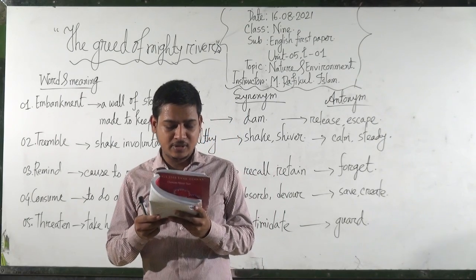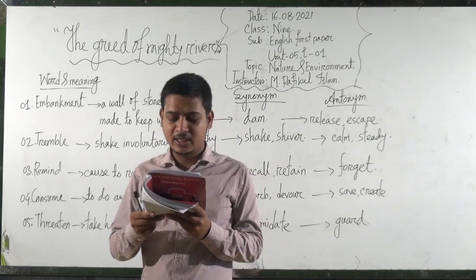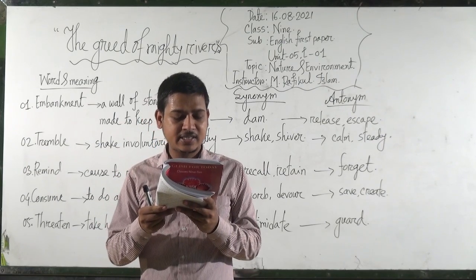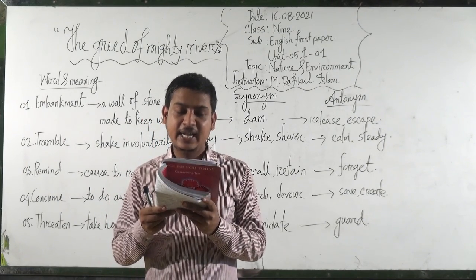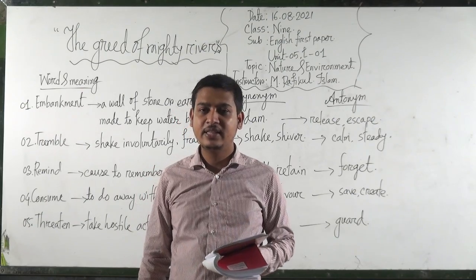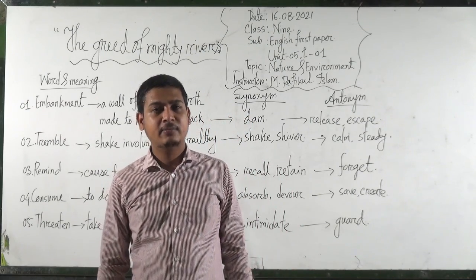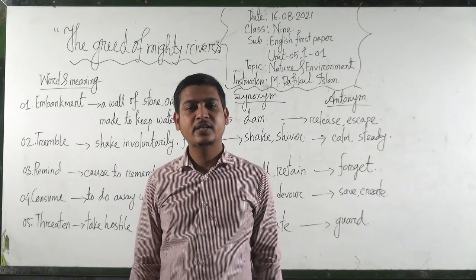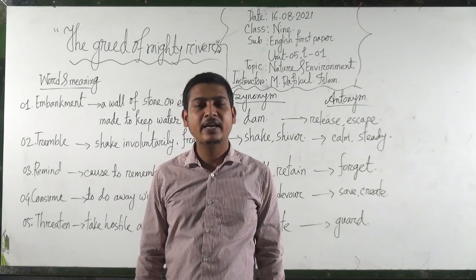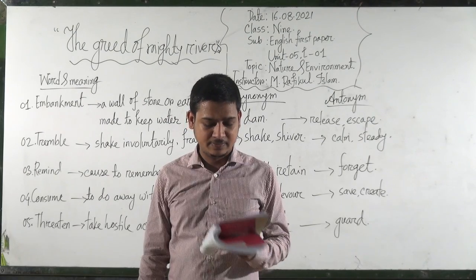During its monsoon, many more villages are threatened by the mighty rivers like the Jamuna, the Padma and the Meghna. So the Padma, Meghna and Jamuna are the most important and largest rivers in our Bangladesh.